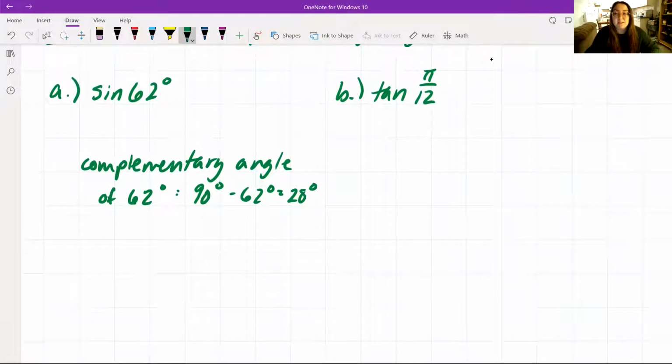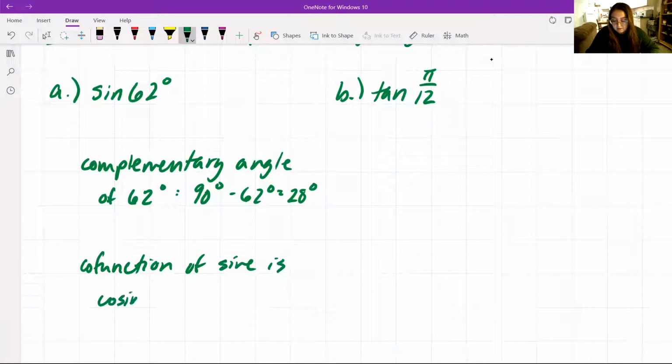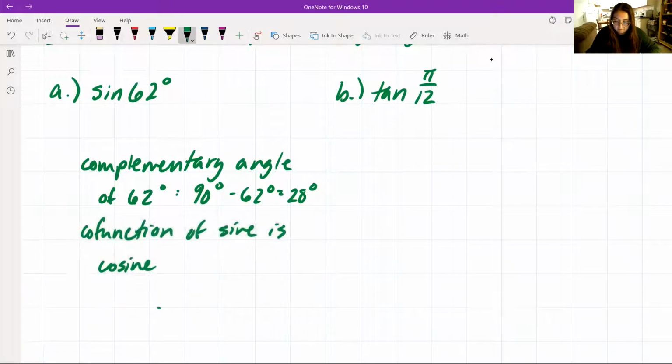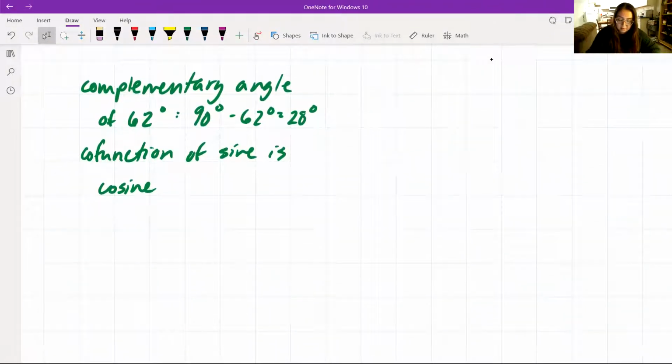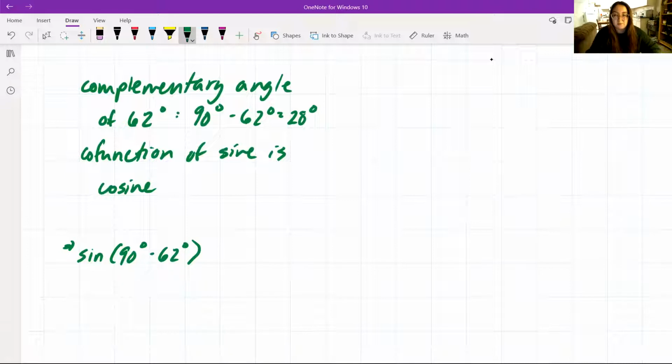Now the function we're working with is sine, so the cofunction of sine is going to be cosine. So this tells us that sine of 62 degrees is the same as saying cosine of 90 degrees minus 62 degrees, or 28 degrees essentially.